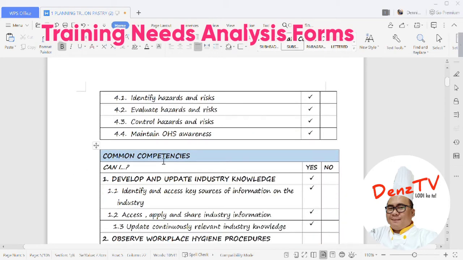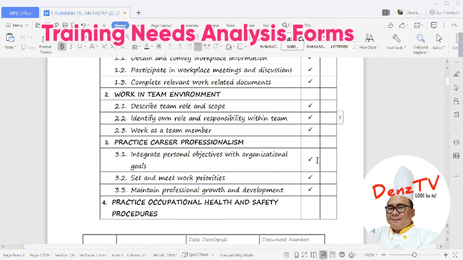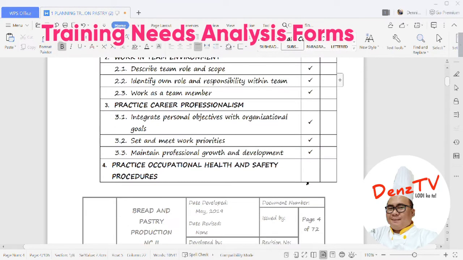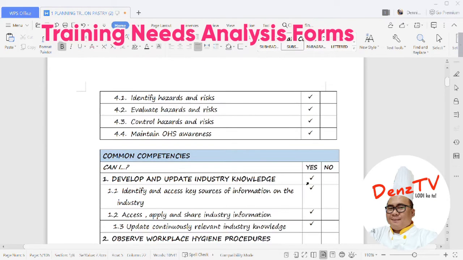For common competencies, same procedure. Copy the units of competency belonging to common, as well as their learning outcomes, and then mark yes here. These yeses are an indication that the learners are already done with these competencies. Let us assume that you have 2 learners.